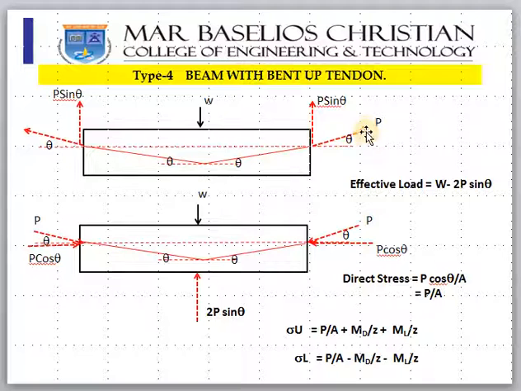Once the tendon is cut, there is a horizontal force P cos theta; the vertical component is P sin theta and the horizontal is P cos theta. It is compressing the section.